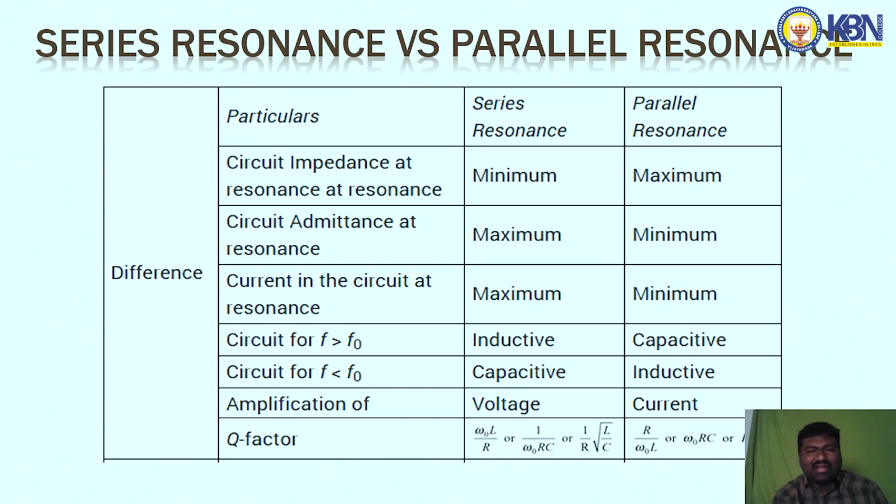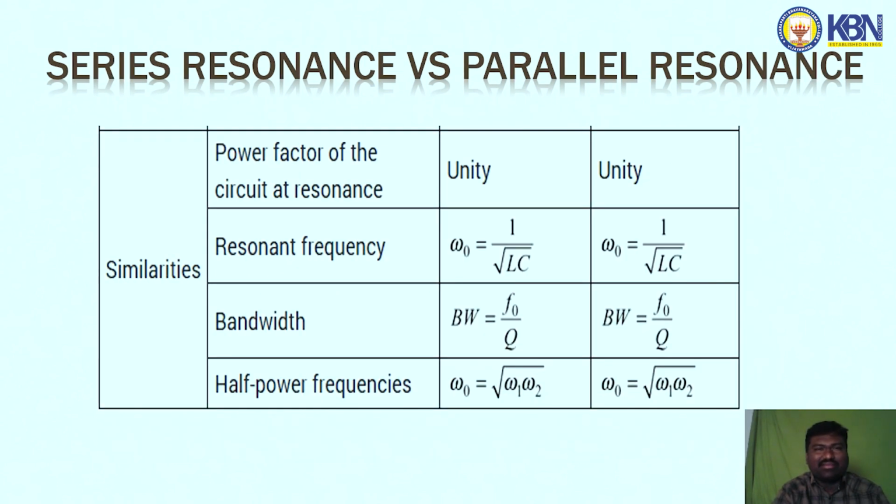The Q factor of the series resonant circuit is 1 by R root L by C. Similarly, in the parallel resonance circuit, the Q factor will be 1 by R root L by C. The same significance between series and parallel resonant circuits. The power factor of the series resonant circuit is unity and also of the parallel resonant circuit, that means 1. The resonant frequency of the series resonant circuit omega naught equals 1 by root LC.